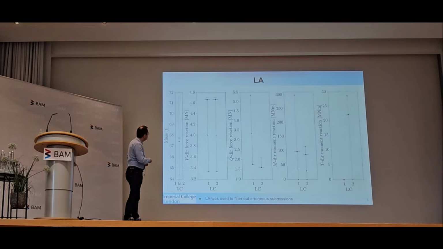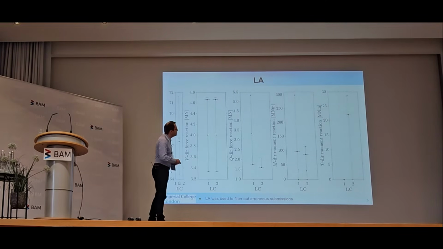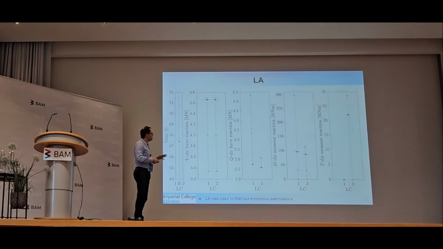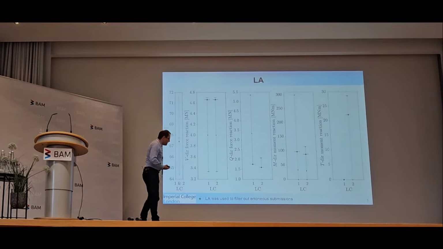So this is the vertical reaction, this is the mass, vertical reaction, transverse shear force reaction, moment reaction, torque reaction. They were mostly gotten right, except for the submissions that you see here. Some are just completely wrong.